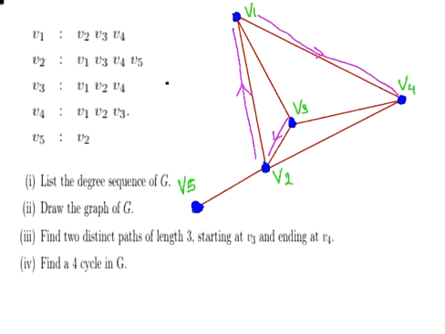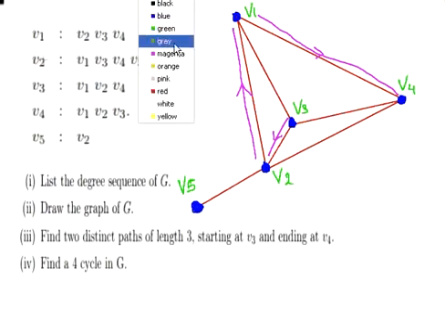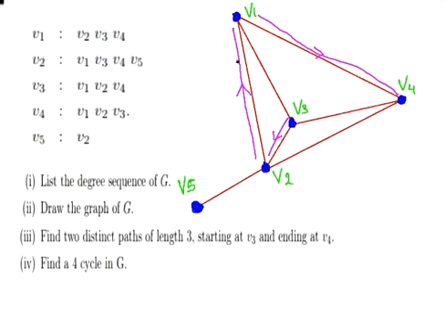Let's go and find another path, and I'll use blue this time. What I could do first is go from V3 to V1, then from V1 to V2, and then from V2 to V4. So that's another possible path of length 3.